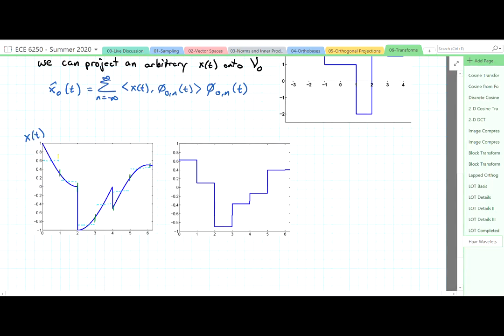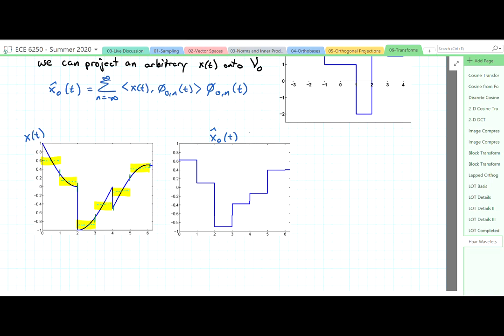So I've denoted those with dashed lines here. And the average value just comes from projecting that segment onto a constant. So that's where that comes from. And the result is x hat 0 of t living in our V0 space.